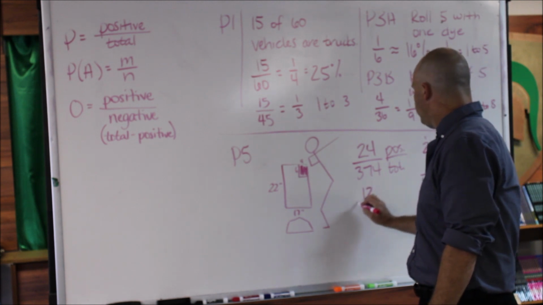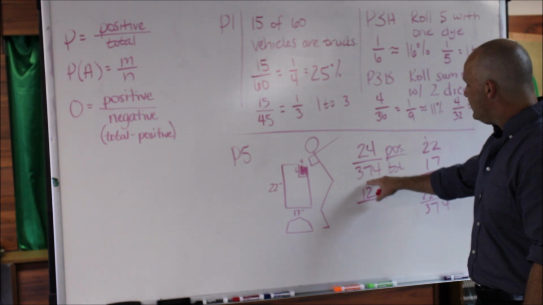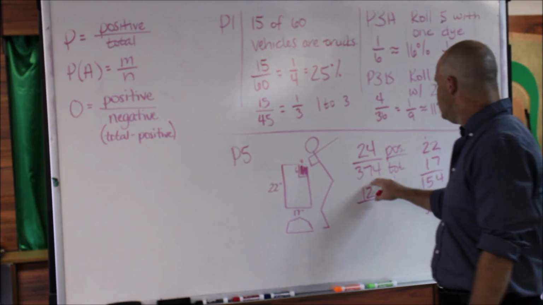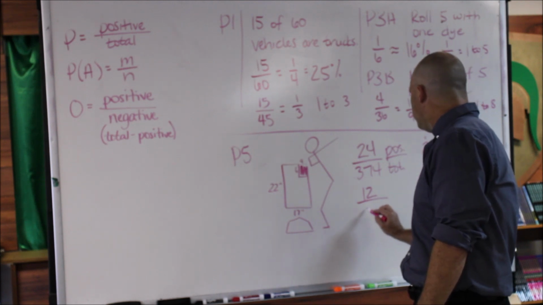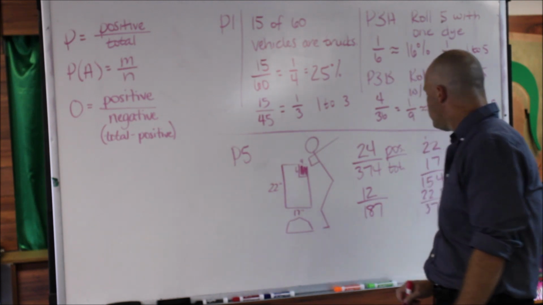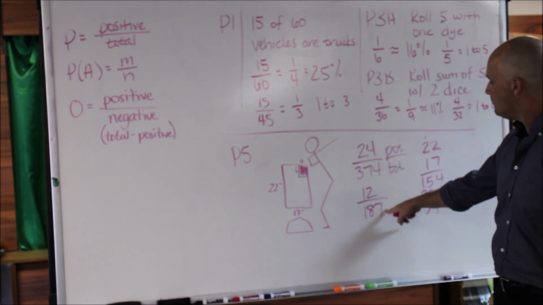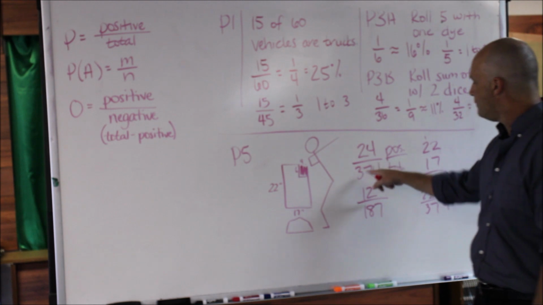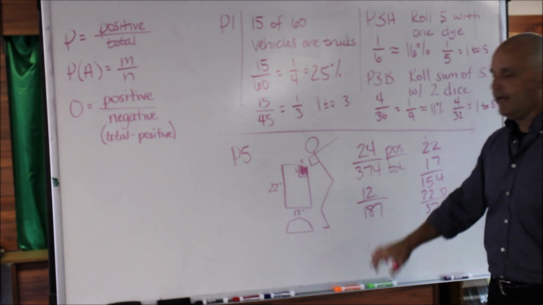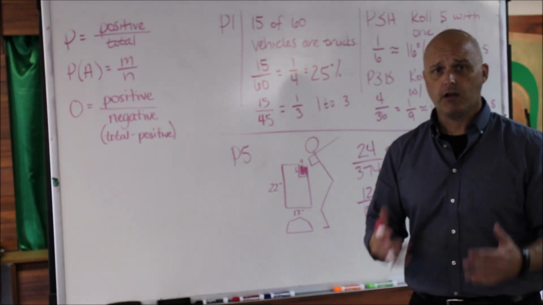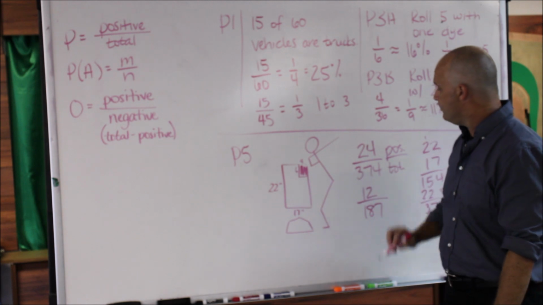We're going to get 12 over 187 on the bottom. Let's check: 180 times 2 is 360, 7 times 2 is 14, so yeah, 374. So it's a 12 in 187 chance of throwing a strike high and tight, at least by the definition given to us by the book.